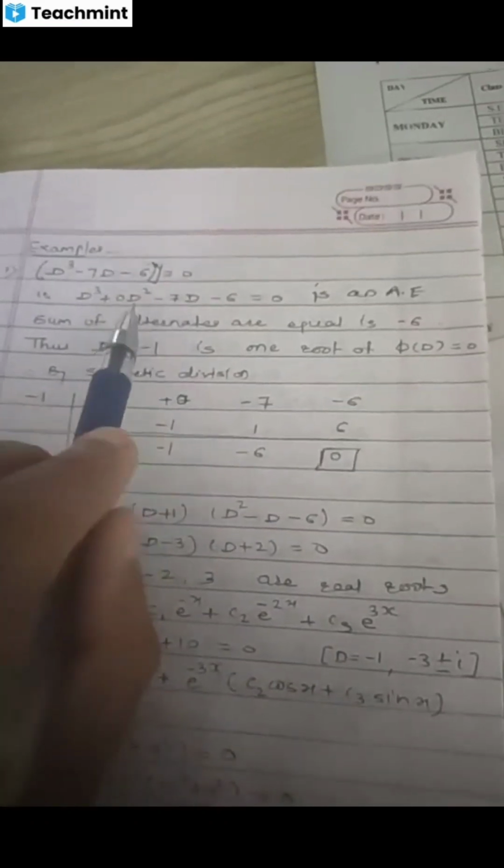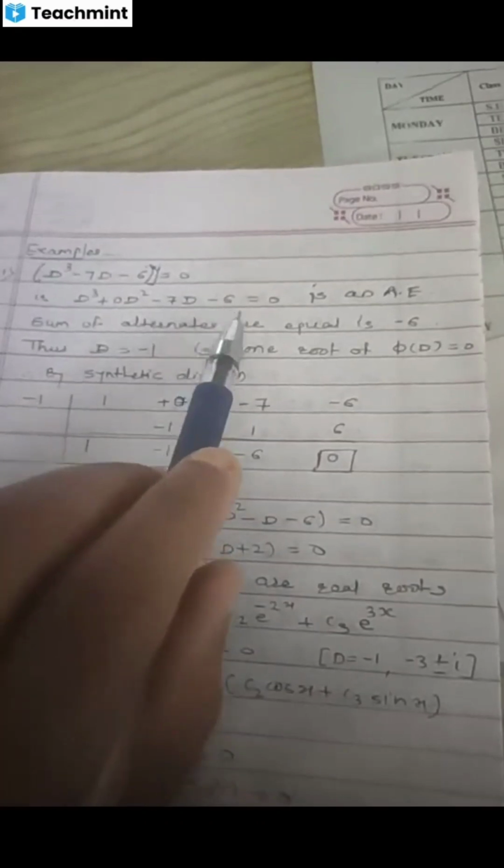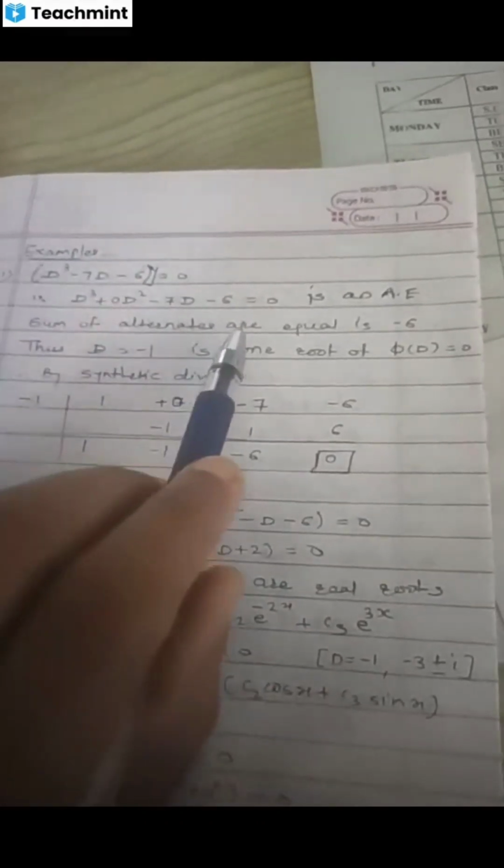So the sums of alternate terms are equal. The first and third term coefficients add up to minus 6, and the second and fourth term coefficients add up to minus 6. The sum of alternate term coefficients are equal, that is minus 6.